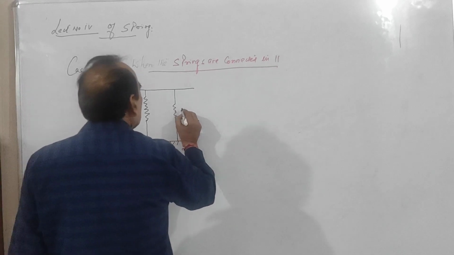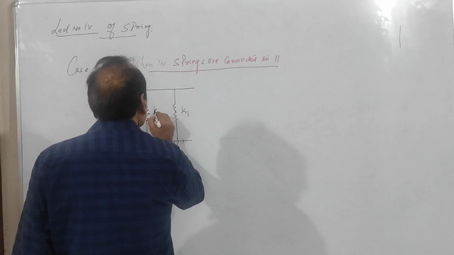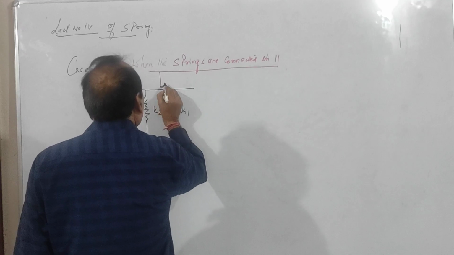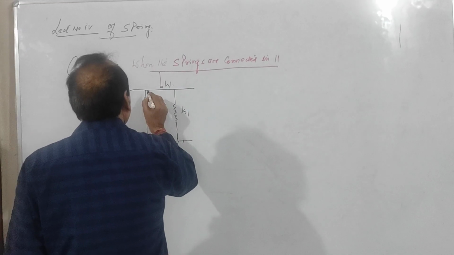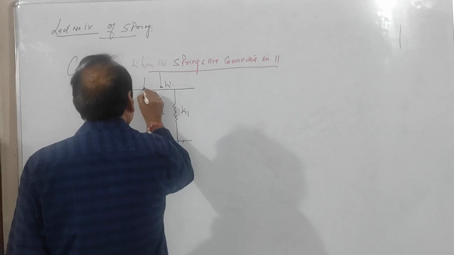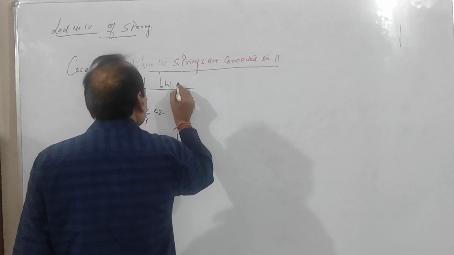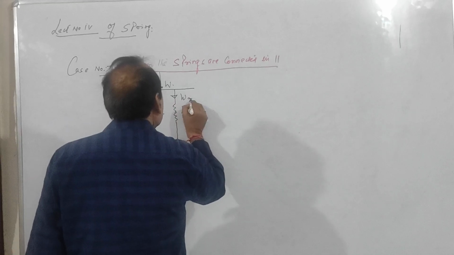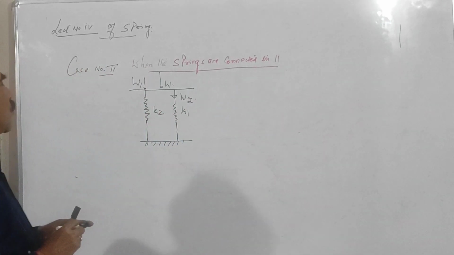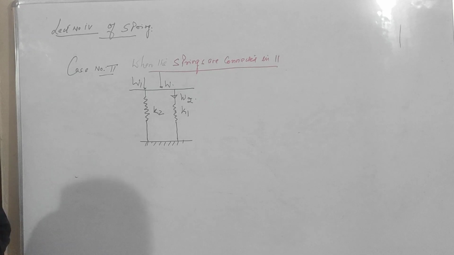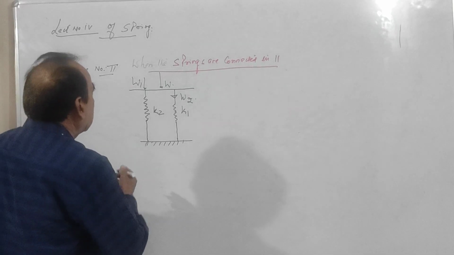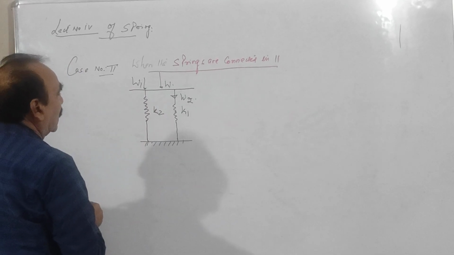So this is your stiffness K1, this is your stiffness K2, ये आपका W लोड था, this is equal to जहां पे जो आपका लोड होगा this is W1 और जहां पे जो लोड होगा आपका this is W2, right? So when the springs are connected in parallel, so this is the condition here.